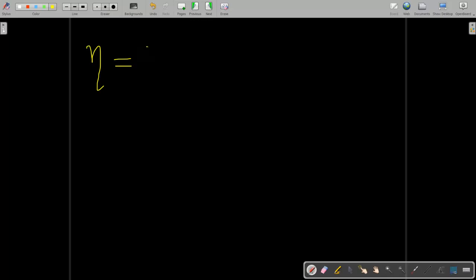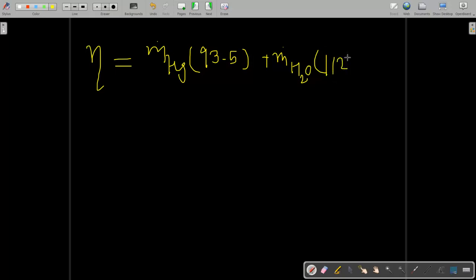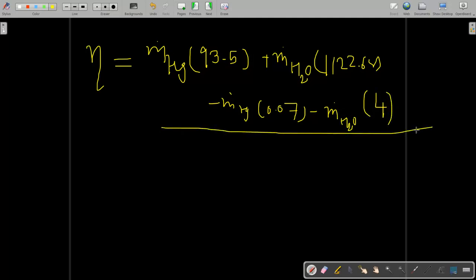When you put this, mass flow of Hg, this is the turbine work, 93.5, then mass of water into the enthalpy value 1122.68, minus pump work for mercury, it is 0.07, minus pump work for steam, or water, it is H4, upon heat supplied.